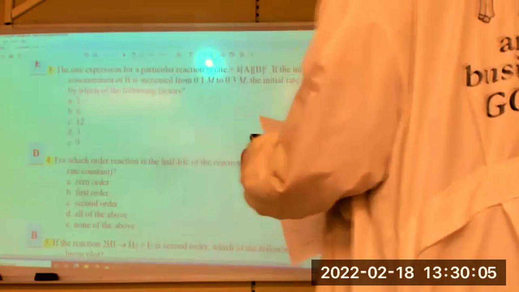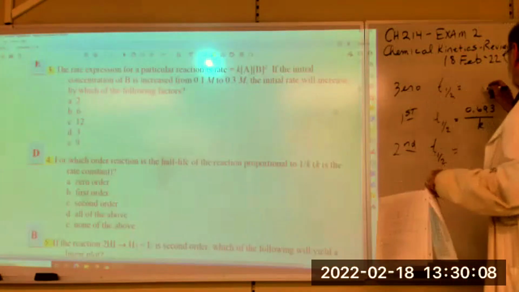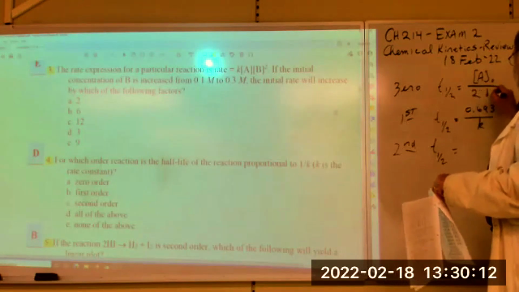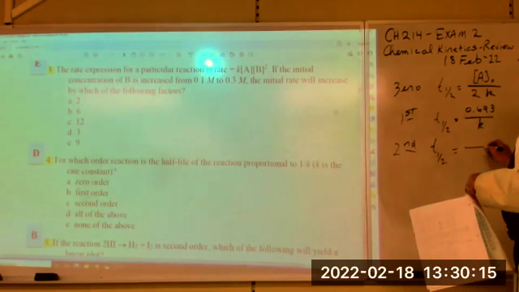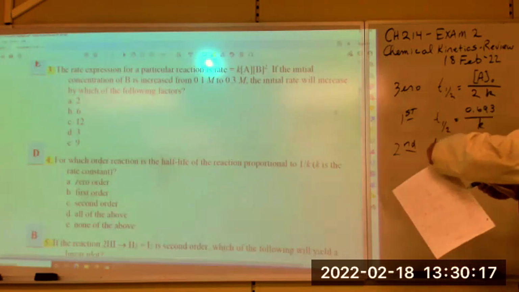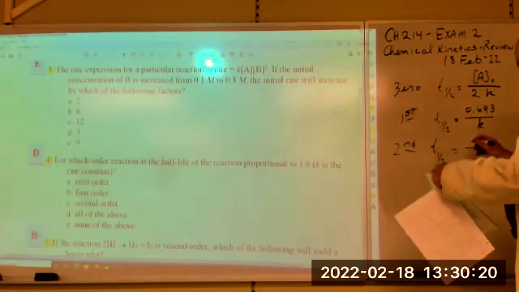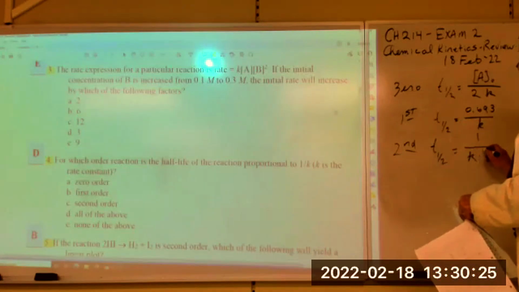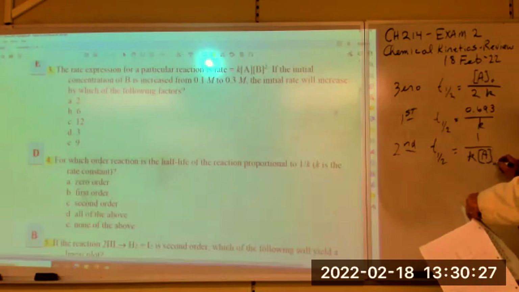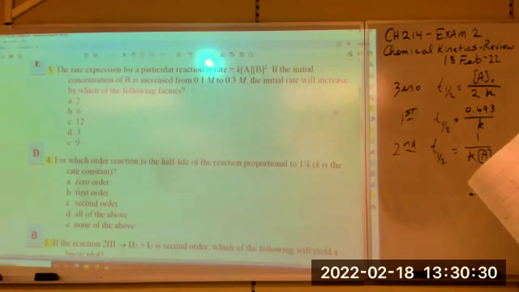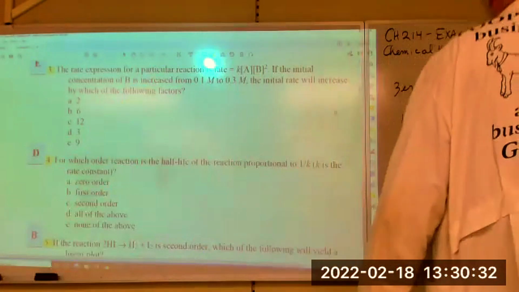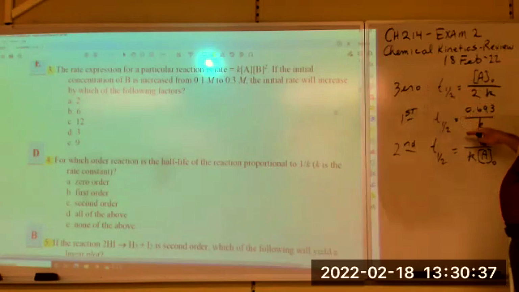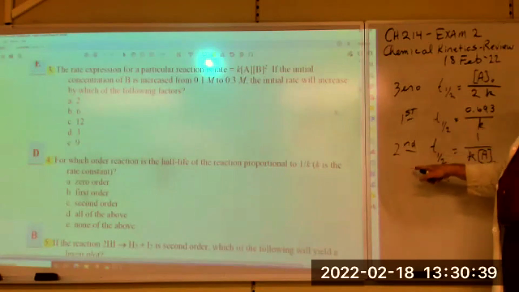This one is A0 over 2K. That makes this one, I think it's 1 over K times. That makes sense, because this one is a log transformation, this one's raw data, and this one is reciprocal data.